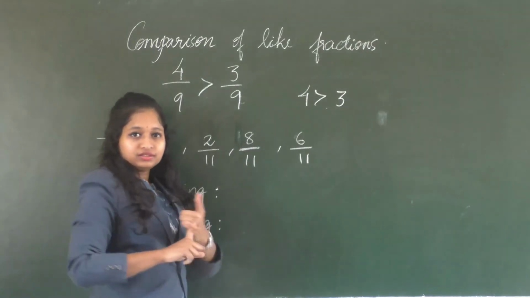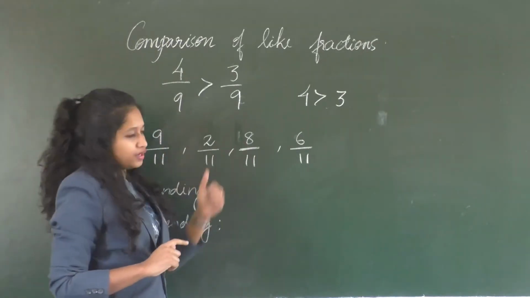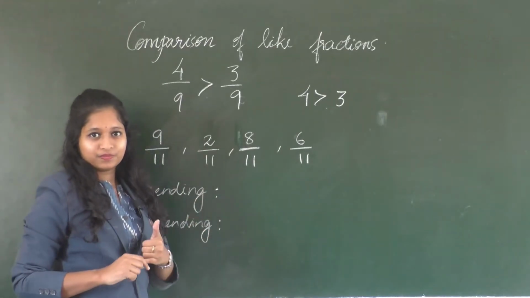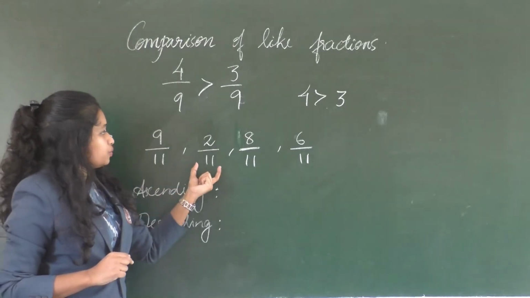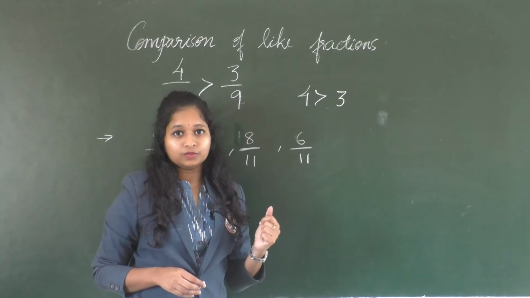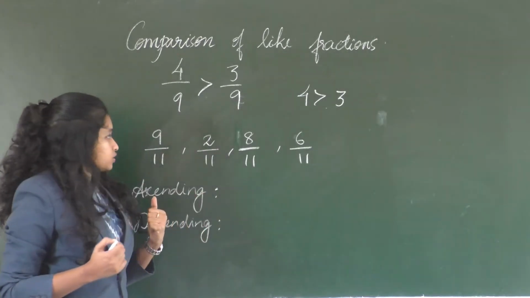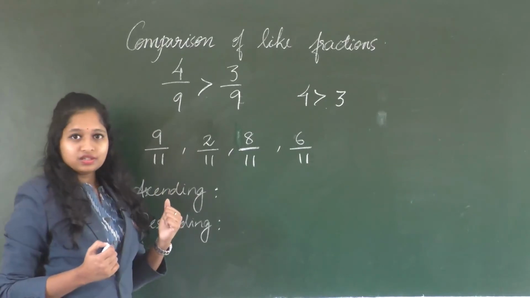Now let's learn the ascending and descending order. You already know to compare. Now it's easy, isn't it? Here I have 9 by 11, 2 by 11, 8 by 11 and 6 by 11. Okay. So which is the smallest here?